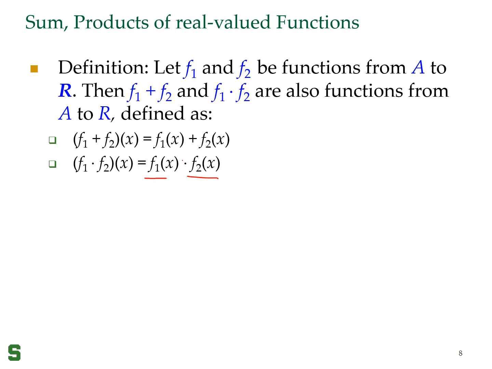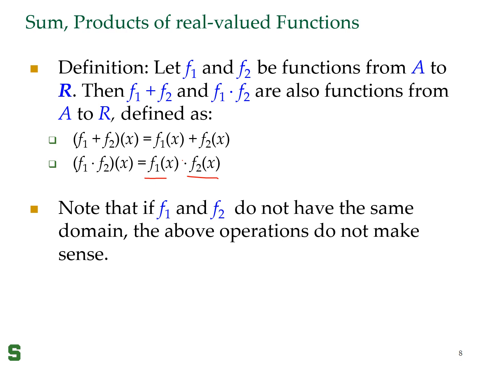That will give you f1 times f2 of x. Note that these operators plus and minus make sense only if the domain of f1 and f2 is same. Otherwise, it doesn't make sense.